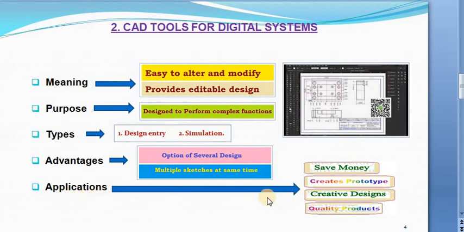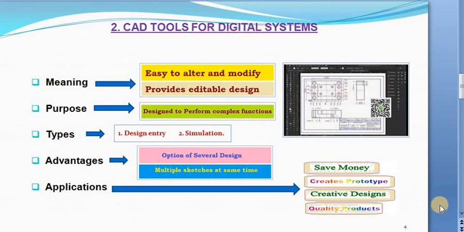That is, this computer-aided design saves money by creating a prototype of the invention, and this is done before the actual manufacturing of the product. This means this helps the designer to work on the strength and weakness of the product, which is in the form of a prototype. I hope you now have a thorough understanding of these CAD tools for digital systems.